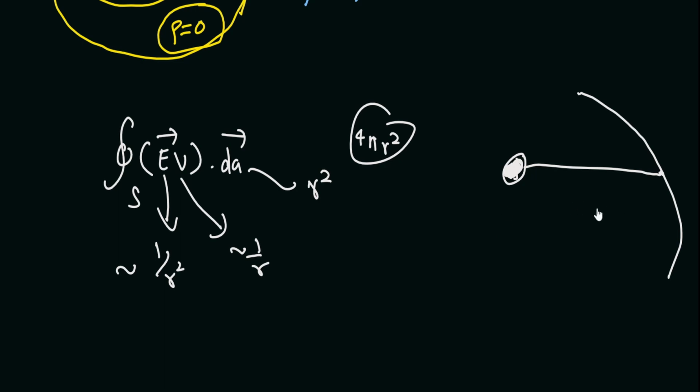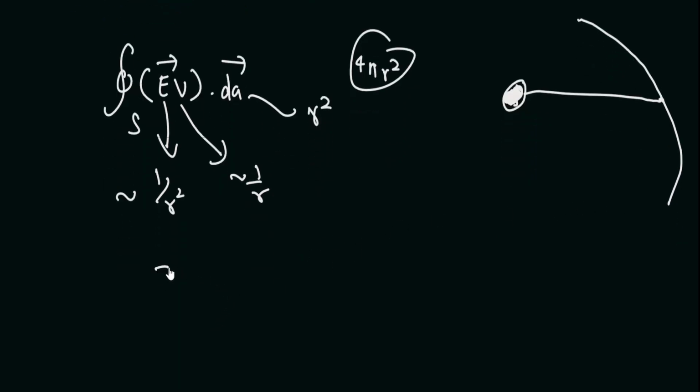And as we increase the region, let us take the total contribution of everything. Let us forget the constants and only calculate the r dependence. So it will be 1 over r square times 1 over r times r square.